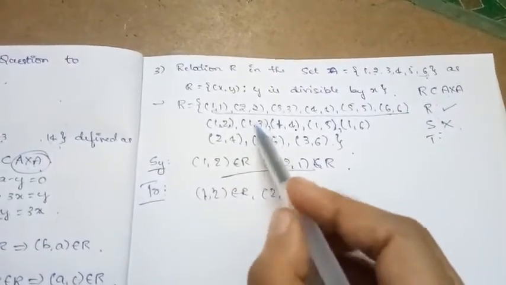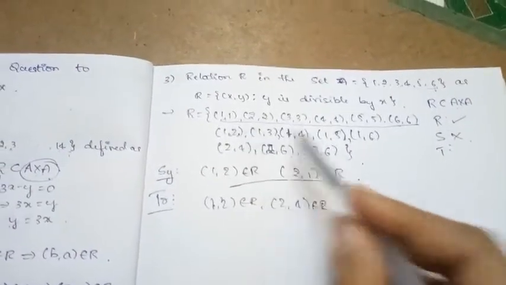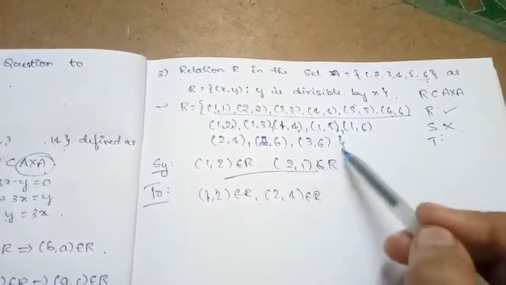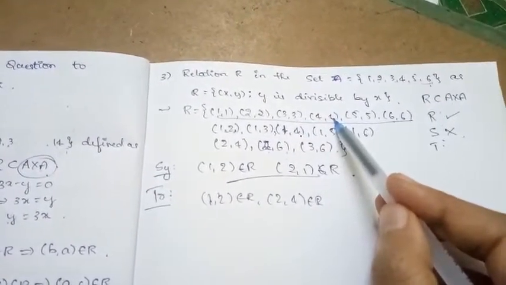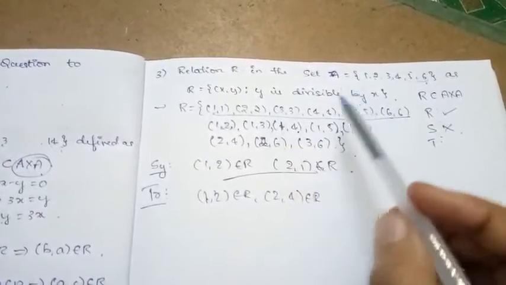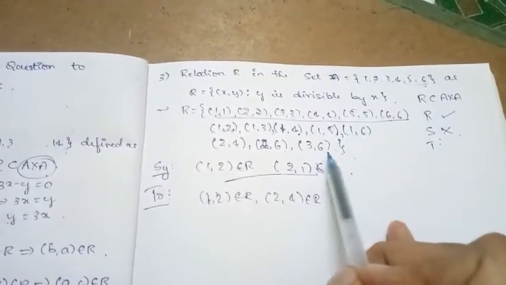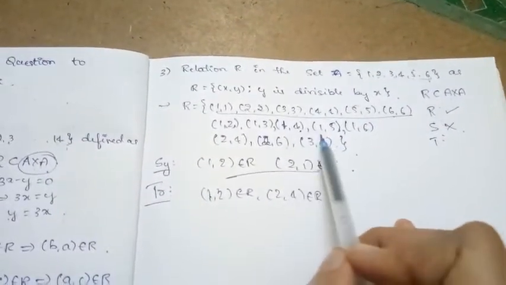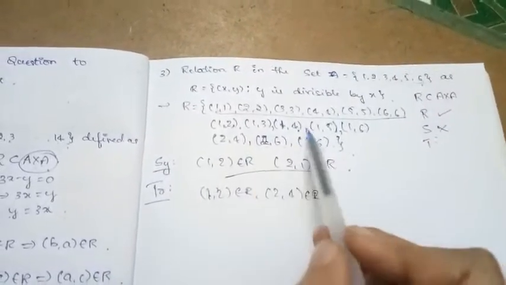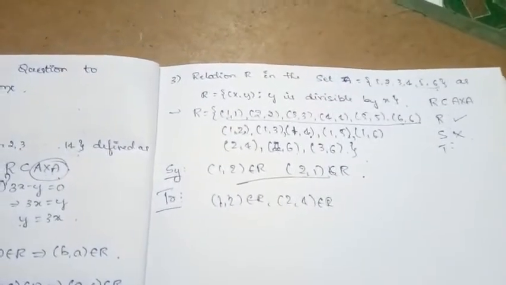The next is (1,3). (1,3) and (3,6) are present in the relation. Is (1,6) there? Yes, it is. For (1,4), checking with the doublets we get the same (1,4) itself, so I am not checking with the doublets. For (1,4), there is no other ordered pair starting with 4. Similarly for (1,5) and (1,6). So all these ordered pairs satisfy the special condition of the transitive relation.